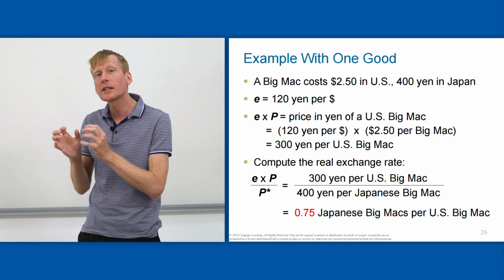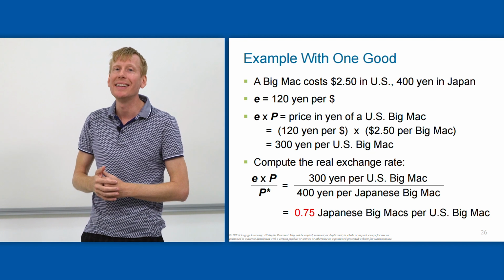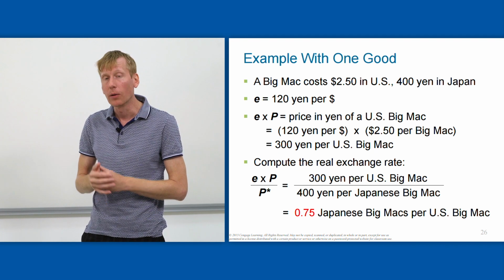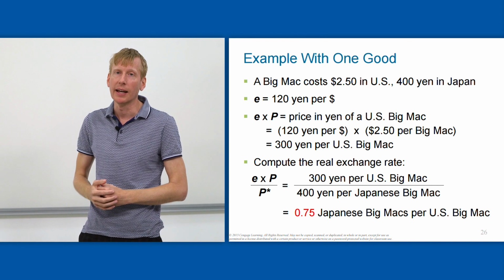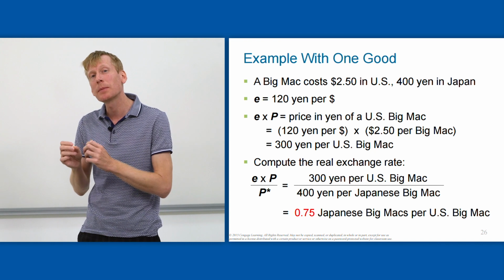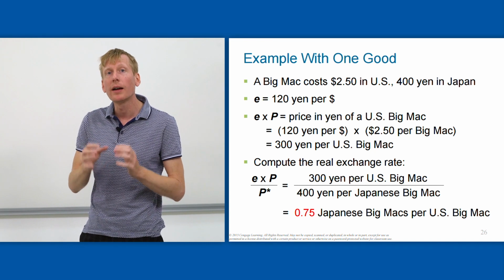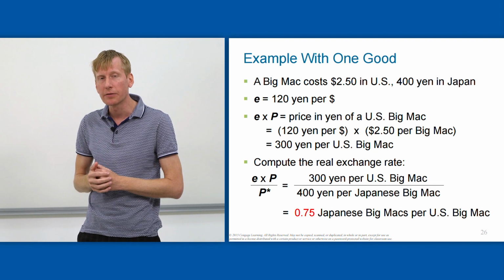That cost of a US Big Mac as measured in yen would be 300 yen. Now, the cost of a Big Mac in Japan, where you would naturally pay in yen, we said was 400. So now E times P over P star, the real exchange rate, would be 0.75.